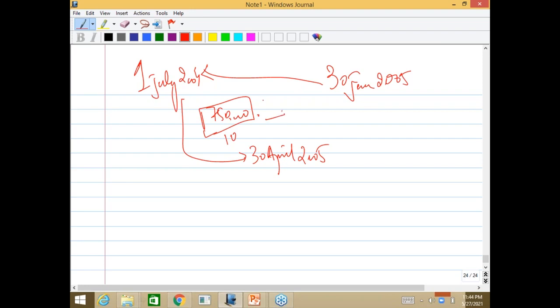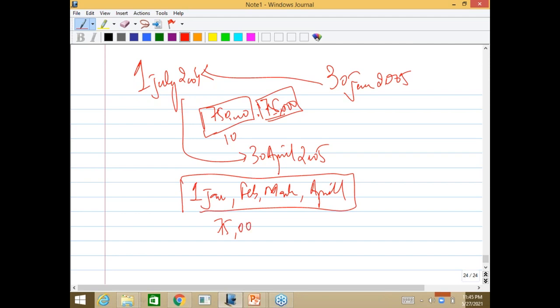So in these 10 months, they are incurring 75,000 per month on research and development. But the project met the criteria of IAS 38 from 1st January. So January, February, March, and April are the 4 months. 75,000 into 4 will be recognized as an asset.